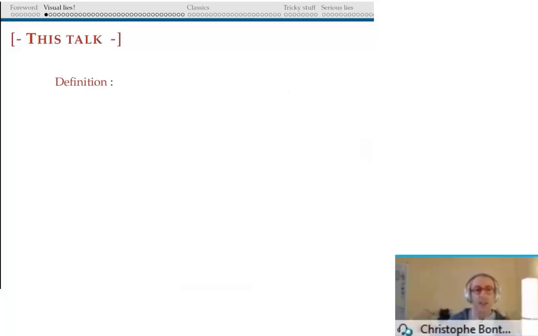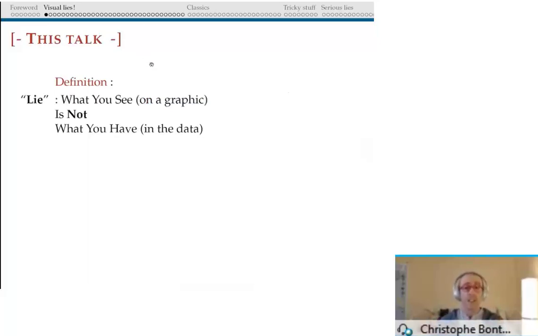A lie in this talk would be, by definition, that what you see on a graphic is not what you have in the data. I think it's pretty much the definition of what you have in life. Right? What you say is not what is real. Here, what you see on a graphic is not what you have in the data. And you will see many examples of that.